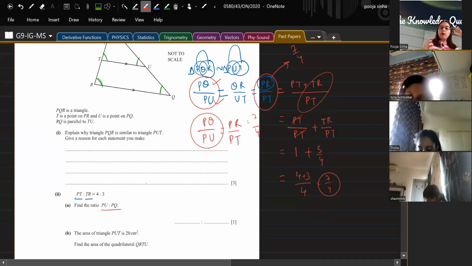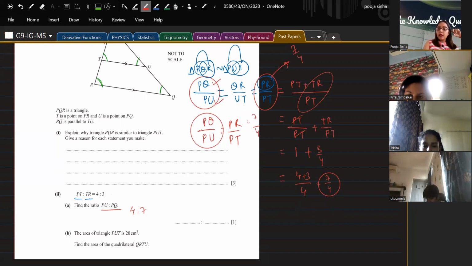But since it is asking PU upon PQ, I'll take the reciprocal of this and write the answer as 4 is to 7 instead. Is it clear? Kyra, clear? Shomik, clear? Trisha, clear?